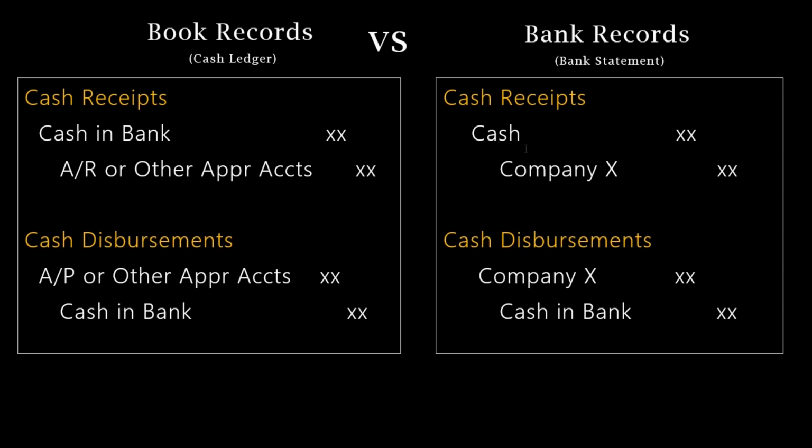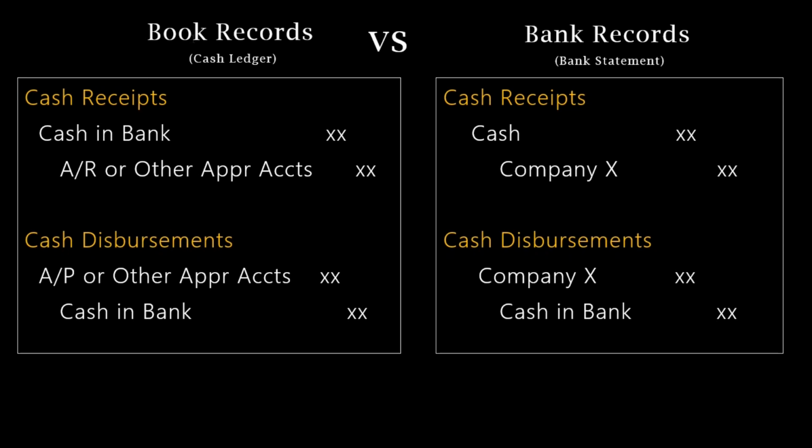So, example, pag nag-deposit si Company X sa bangko, yung bangko ay magre-recognize ng increase ng cash and i-credit niya yung account ni Company X. So, bakit ganito? Kasi, on the point of view of the bank, class, they treat our deposit as their liability.